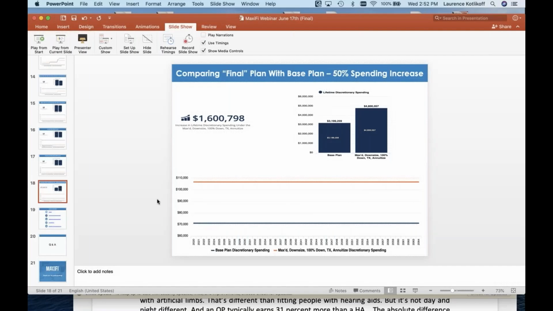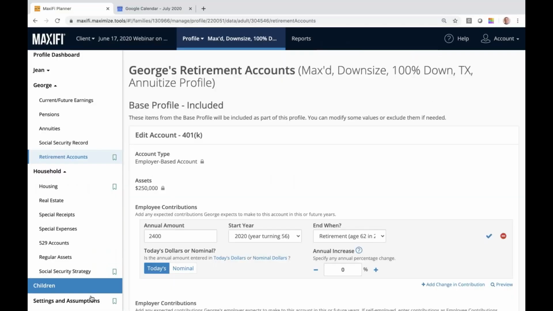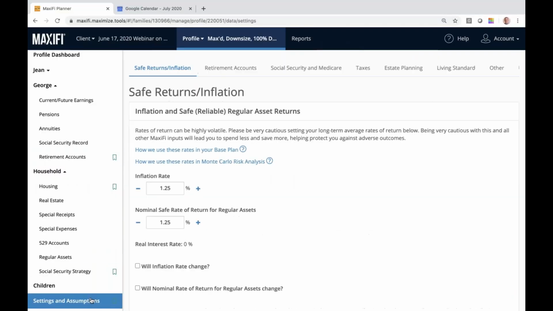Okay, so let's go back to the program. If you come down here to settings and assumptions, you specify an inflation rate and a nominal rate of return.